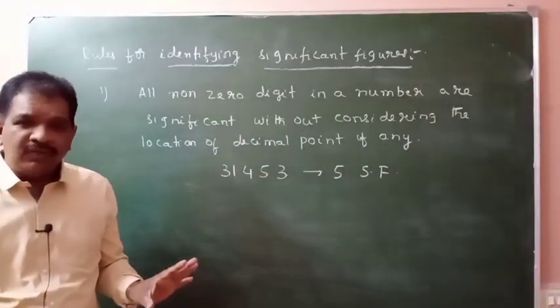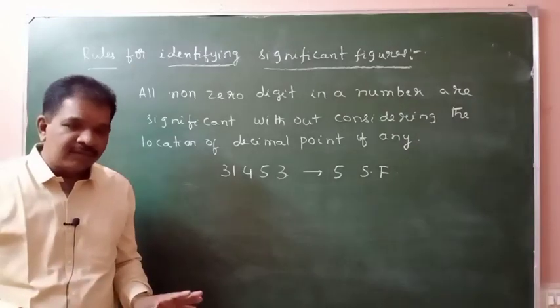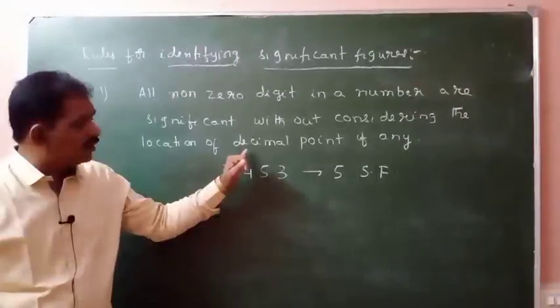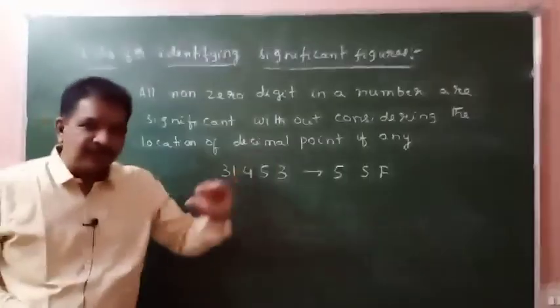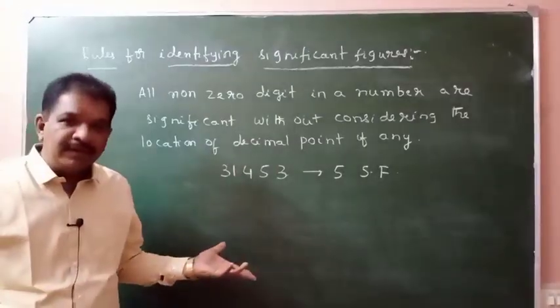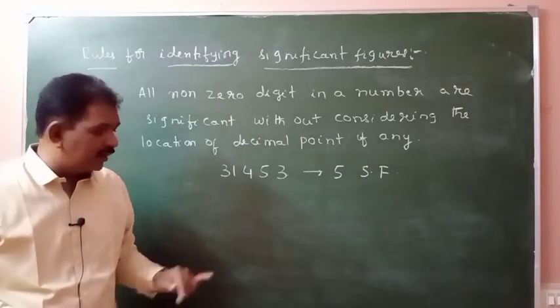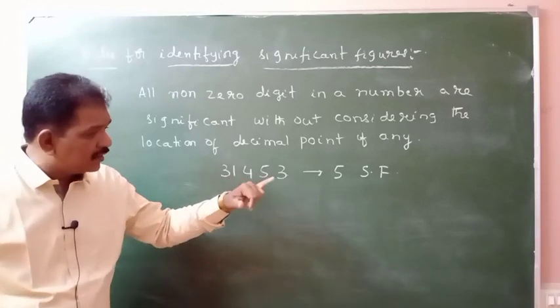All non-zero digits are significant without considering the location of the decimal point, if any. Whether the decimal point is there or not, we have to count in the same manner.